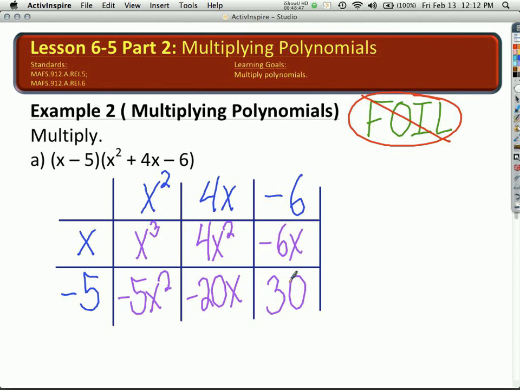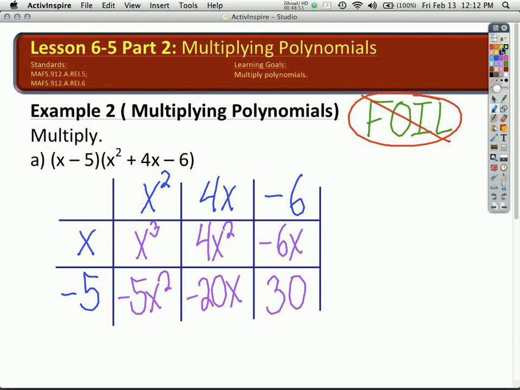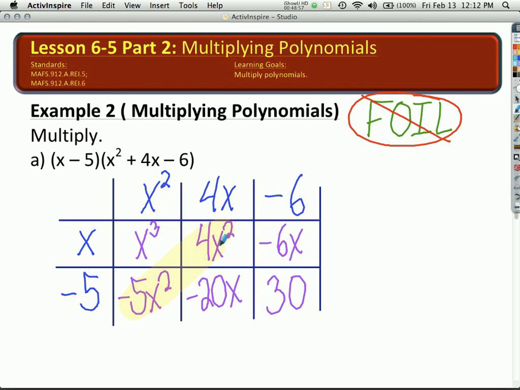So the result is not quite the same as what I showed you a moment ago, but look at where the like terms ended up. Like terms right there, and like terms right there. And so all you have to do is combine like terms and put it all together.